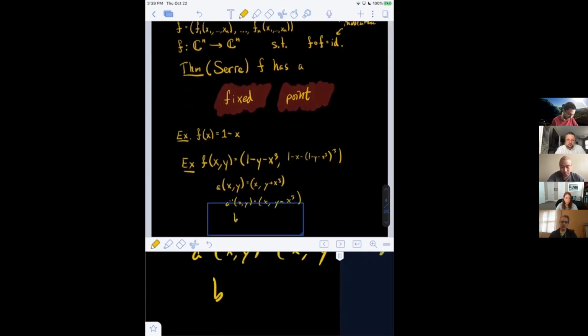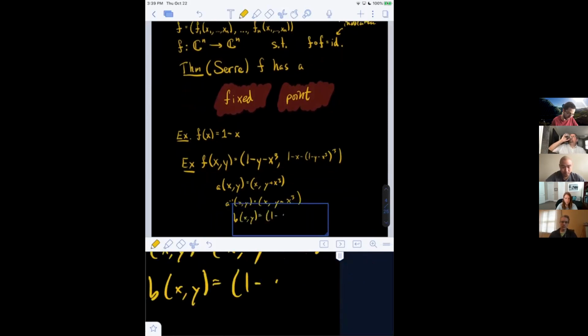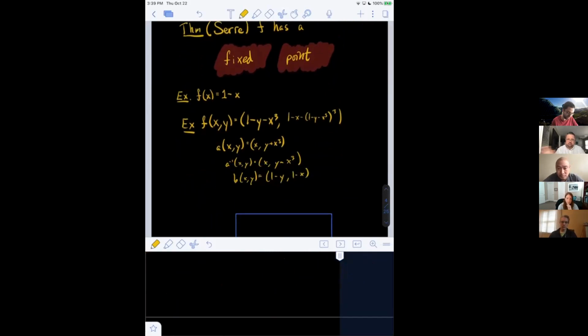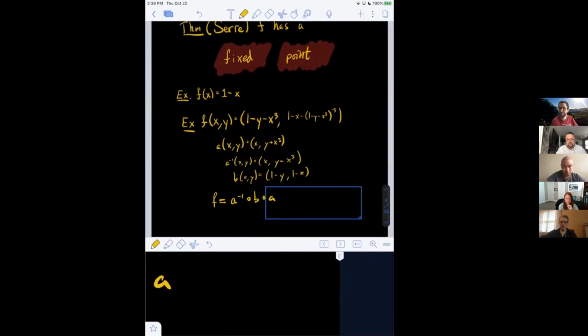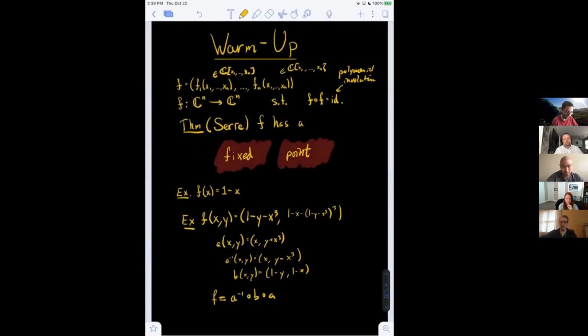And then I took b to be a very simple involution: b of (x,y) is (1 minus y, 1 minus x). And then this f is what you get by taking, I think it was a inverse composed with b composed with a. So if you take a conjugate like this of an involution, you get an involution. So this is a fun way to generate complicated looking, but not actually complicated involutions.